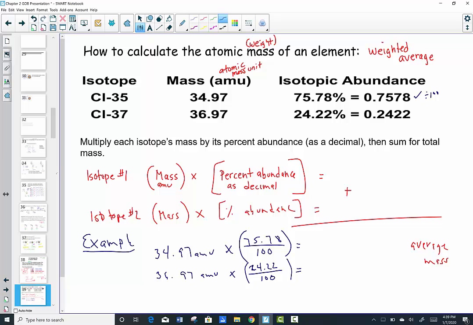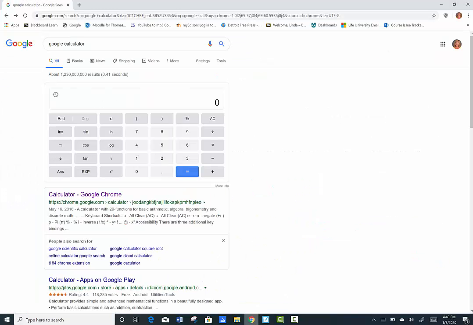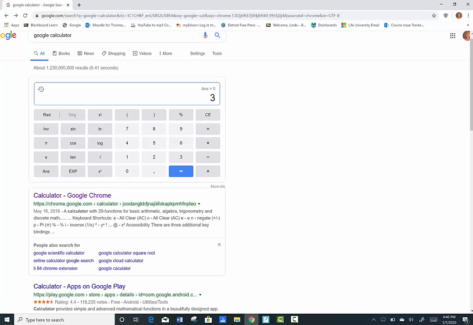Now, on your calculator, you're going to hit with me the following, and I'm going to use my Google calculator to show how we'll do this. All right, so I'll go 34.97, don't round, times 75.78 divided by 100, and that's me just moving the decimal back, equals.